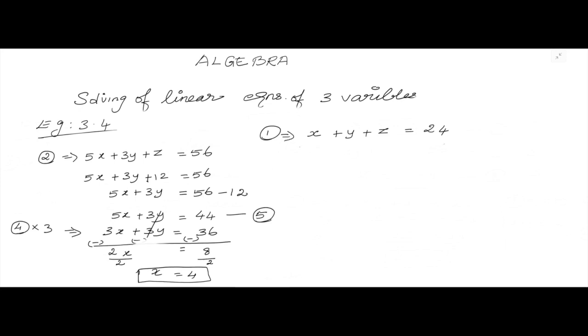It is 4, y is unknown and z is equal to 12, which is equal to 24. And now when you add, y plus 16 is equal to 24 and your y is equal to 24 minus 16. So what is your y? This is 8. Am I right? Are you getting y is equal to 8?